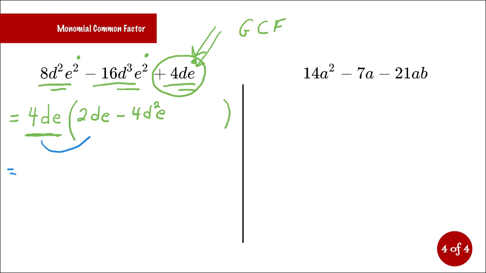4DE times the first term gets you back to the original, and 4DE times the second term gets you back to the original. But with what I've written so far, I can't get back to my third term.